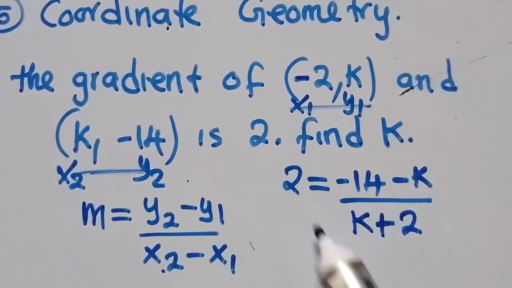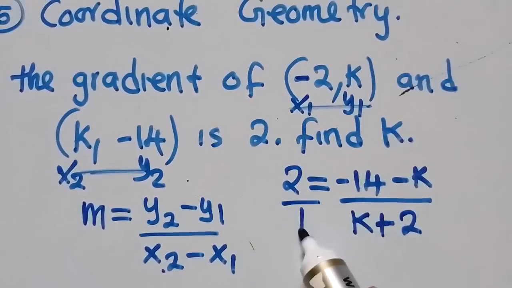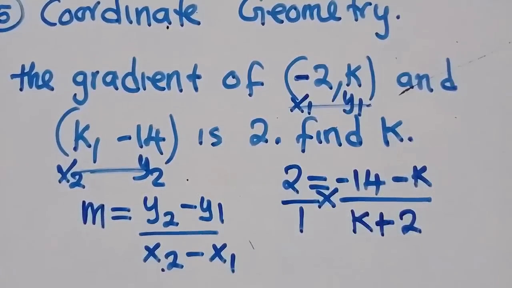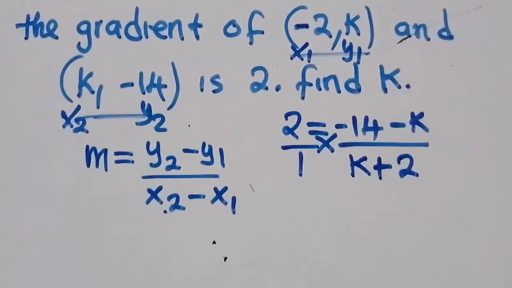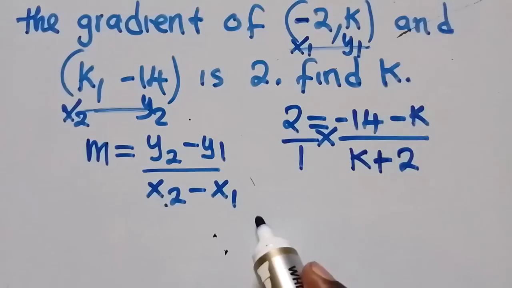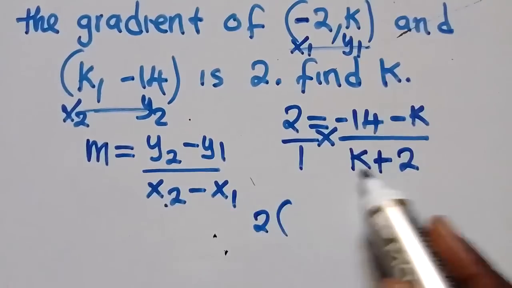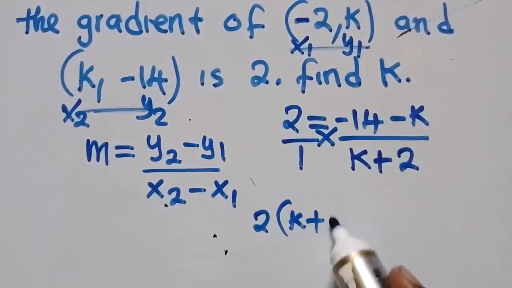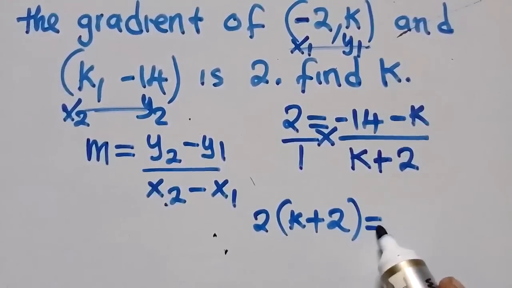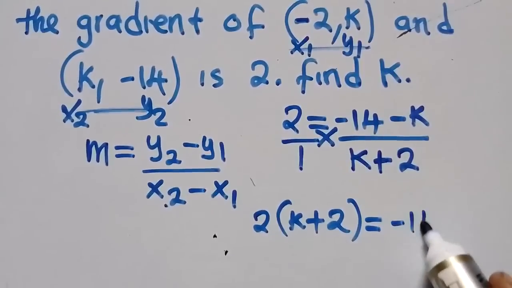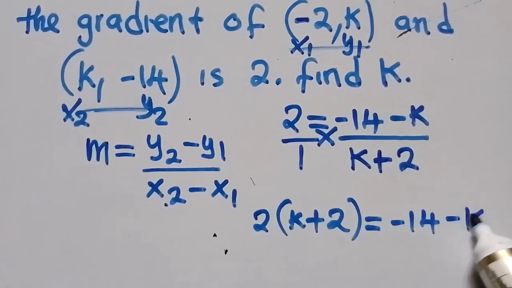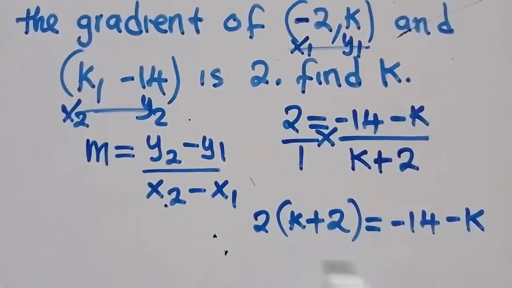When you reach here, you say over 1, then you cross multiply. So when you cross multiply, you're going to have 2 open bracket k plus 2, which is equal to negative 14 minus k. This is an equation.